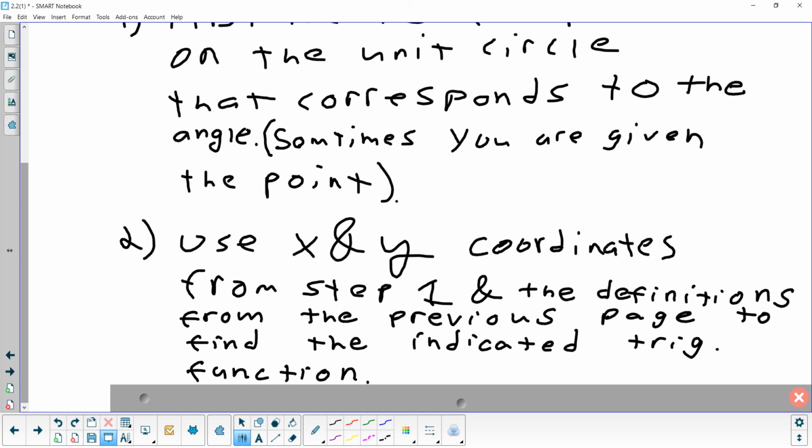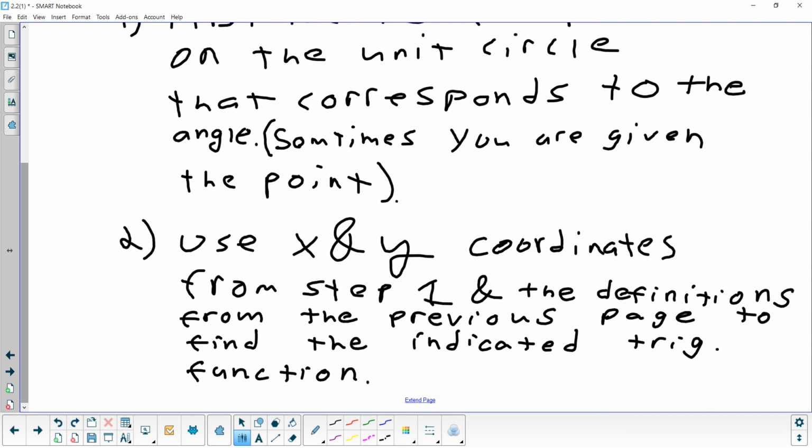Just find that 1 out of the 6. You don't have to do all 6. Then another problem on the test may say find the tangent. Another one might say find the secant. That's what we'll do for the rest of now. We'll just try some examples, and that'll be it.